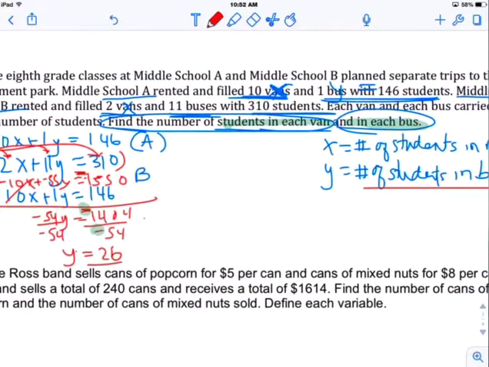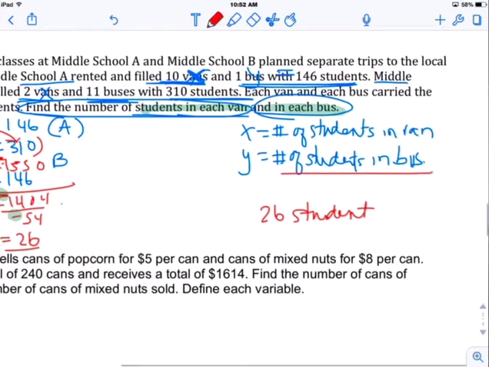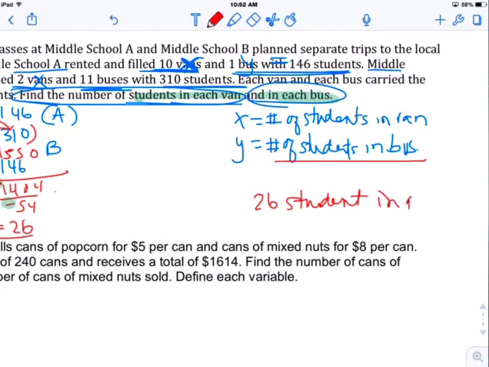Okay, if there's 26 students in a bus, how many students in a van? Let's find out.